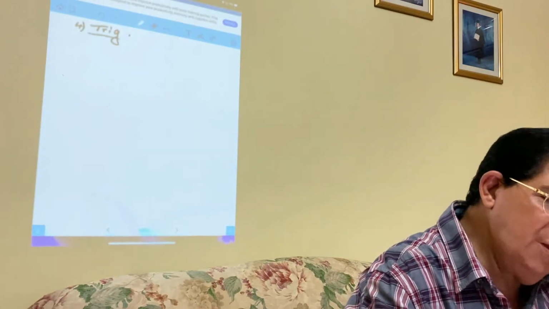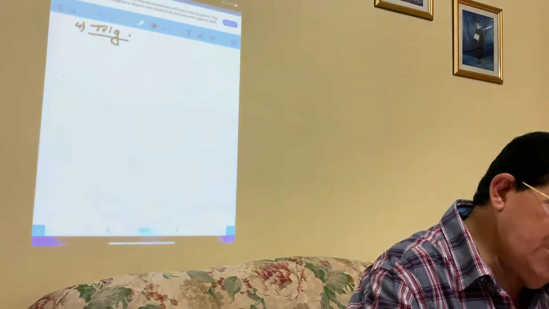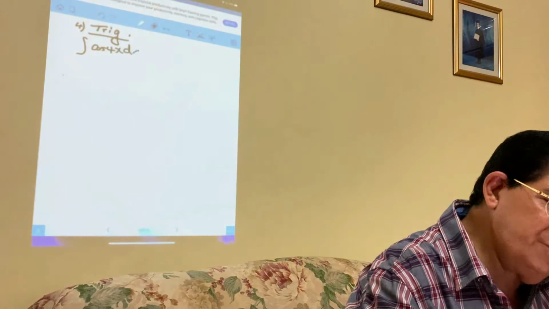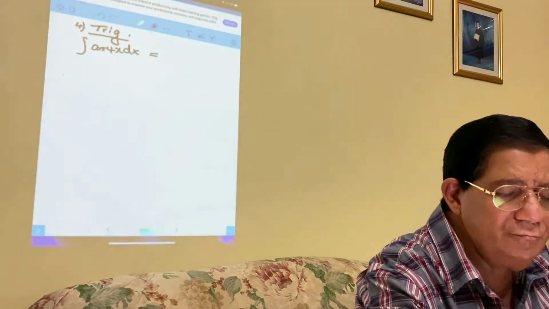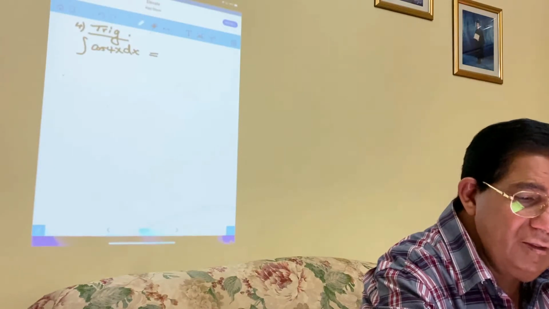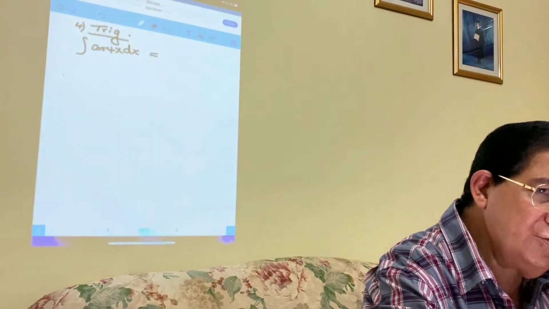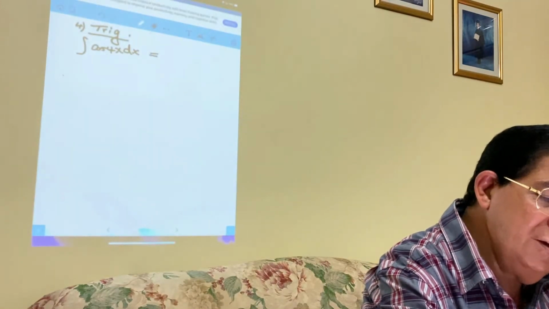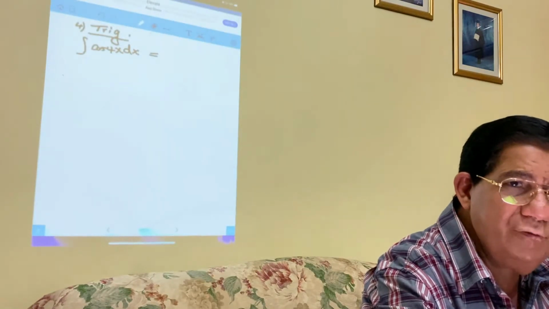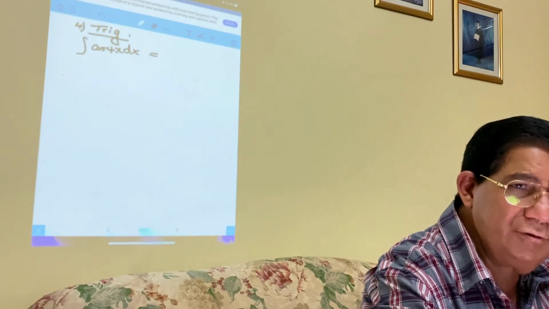Now, what is the integration of cosine 4x dx? Now, the integration of cosine is sine, but the differentiation of sine 4x would be 4 cosine 4x.